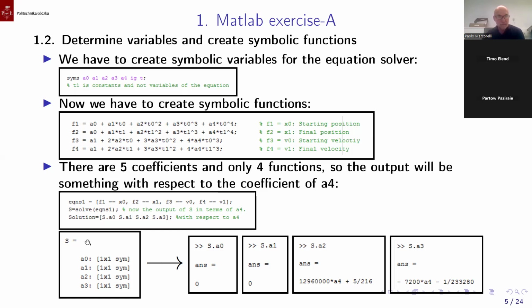But look, with respect to last time, we can see here that we have a starting position, which is given. Last time, it was Lüneburg. We have a final position as last time, Hanover, for instance. Then we have a starting velocity and a final velocity. We have basically 4 constraints.